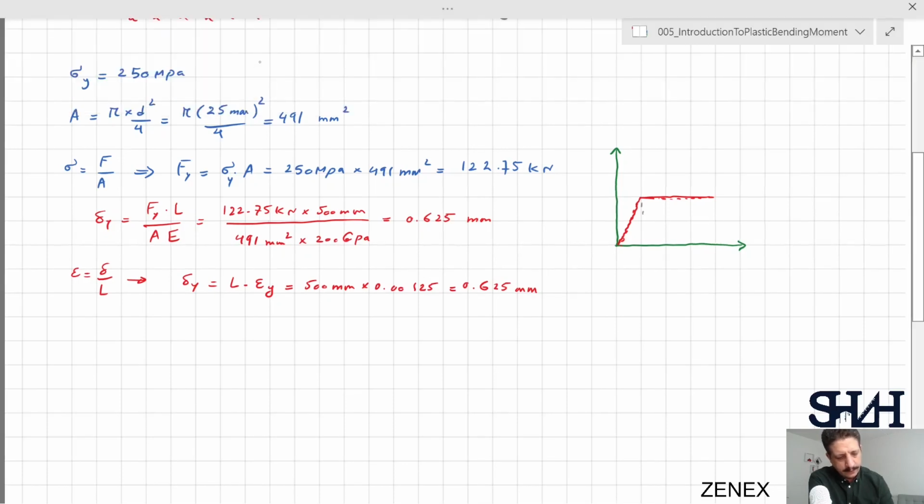And here we have delta y, which is 0.625 millimeter, and corresponding force, which is 122.75 kilonewton.